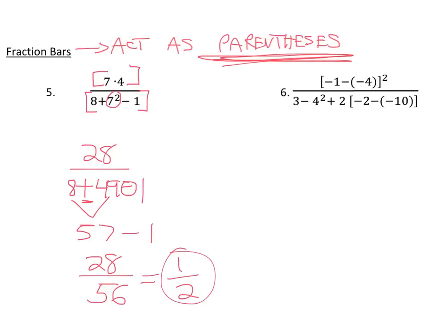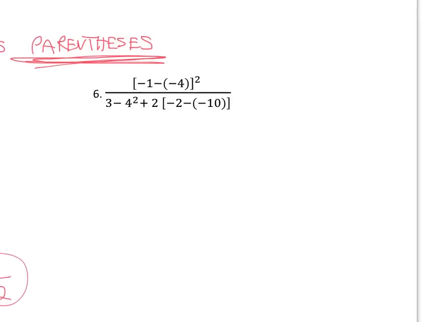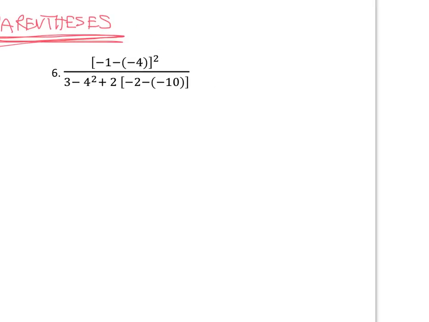Okay, let's move over to 6. Number 6 looks a little bit more complicated. So when I do 6, I kind of already have the parentheses or grouping symbols for the top. I'm going to put them in the bottom. What that means is I'm going to evaluate each of these separately. The very last thing is you divide the numerator by the denominator. So right up here, I'm just going to do the top, the numerator. I'm going to do what's in parentheses first.